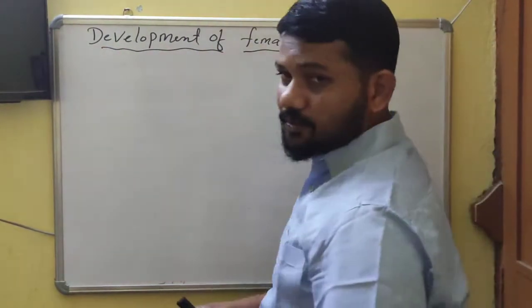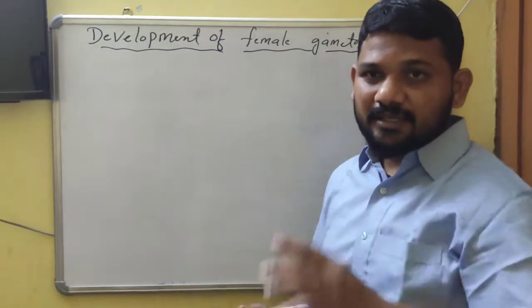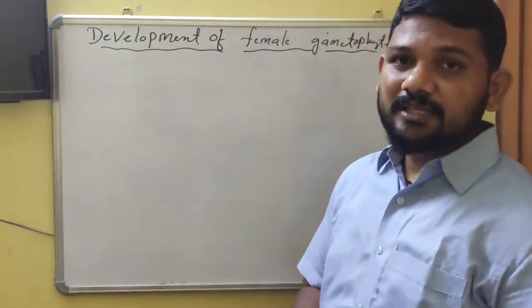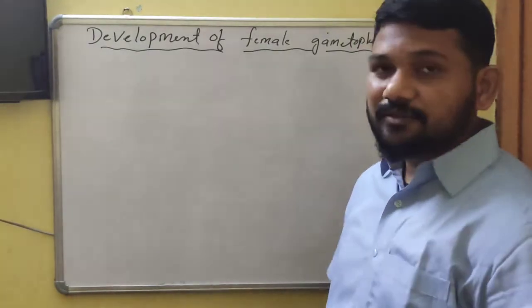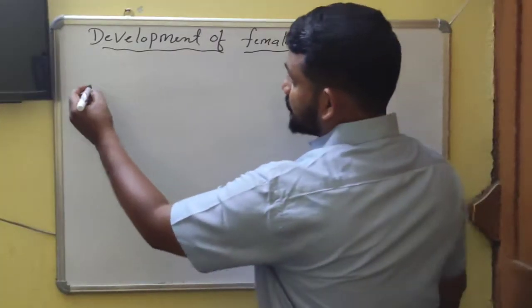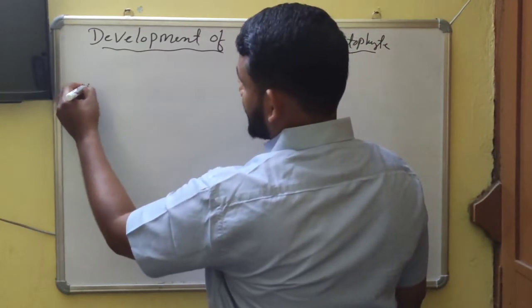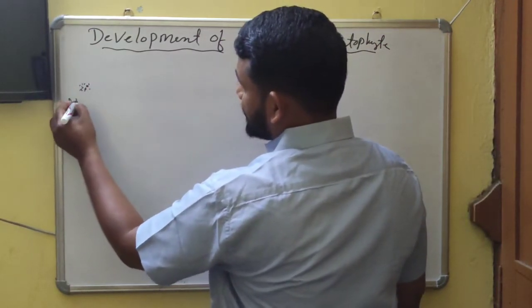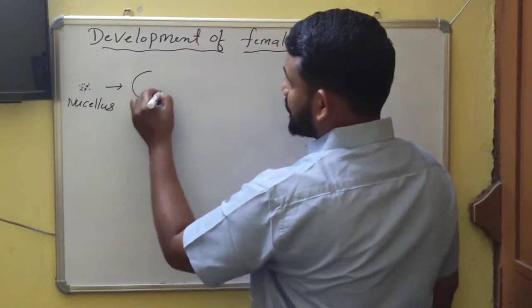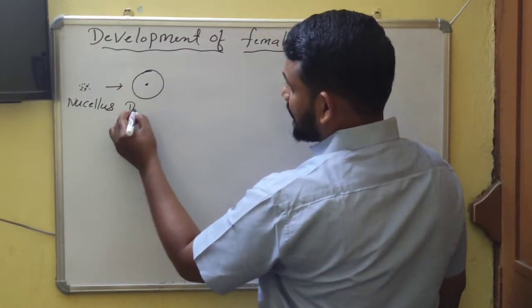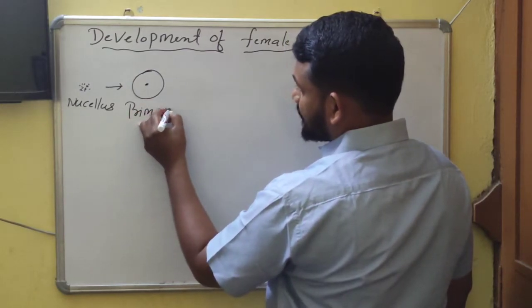So already I told you there is a nucellus inside the ovule. What is nucellus? That is a nutritive tissue of angiospermic ovule. So here some cells of nucellus give rise to primary archisporial cell.